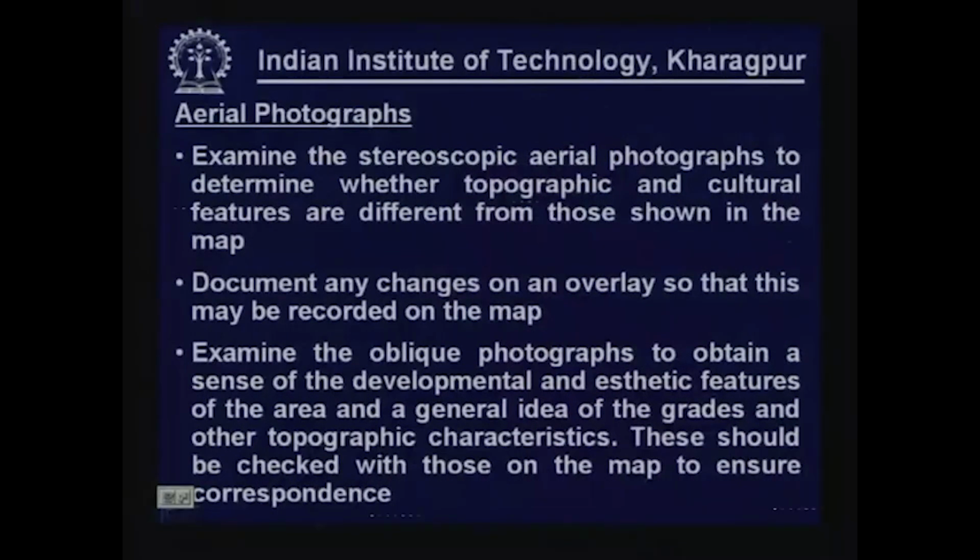So, in aerial photographs we examine the stereoscopic aerial photographs. Two types of aerial photographs are normally used: stereoscopic aerial photographs and oblique photographs. From stereoscopic photographs we determine whether the topographic and cultural features captured in the photographs are different from those shown in the map, and in case you find any change, all those changes are to be appropriately incorporated in the overlays.